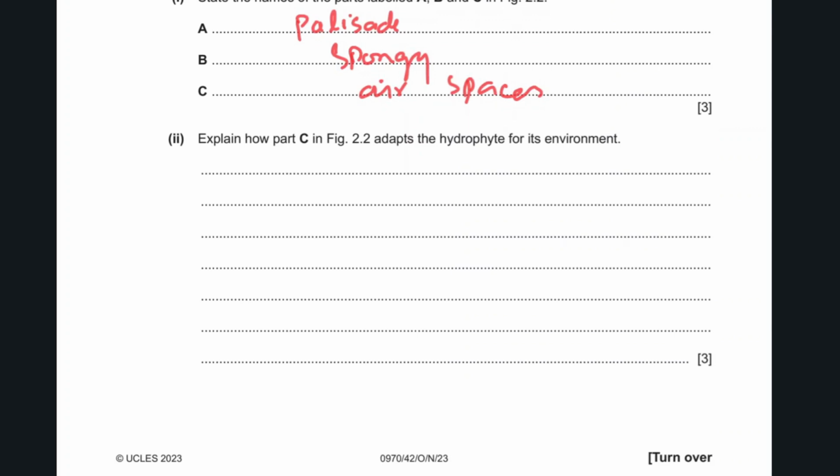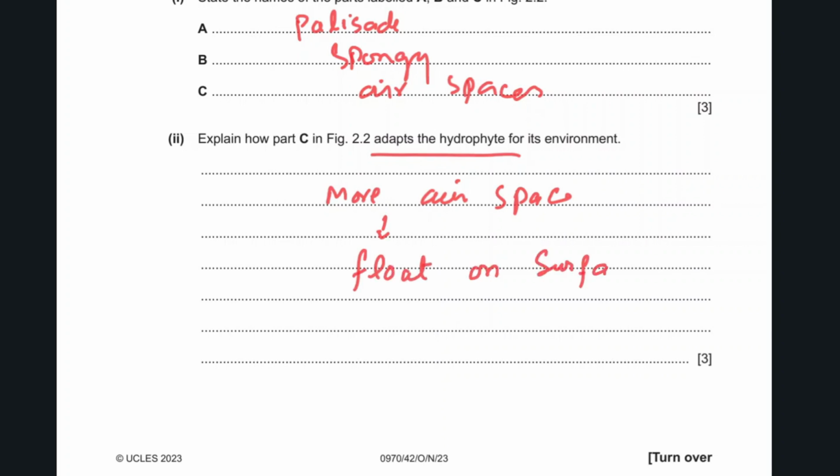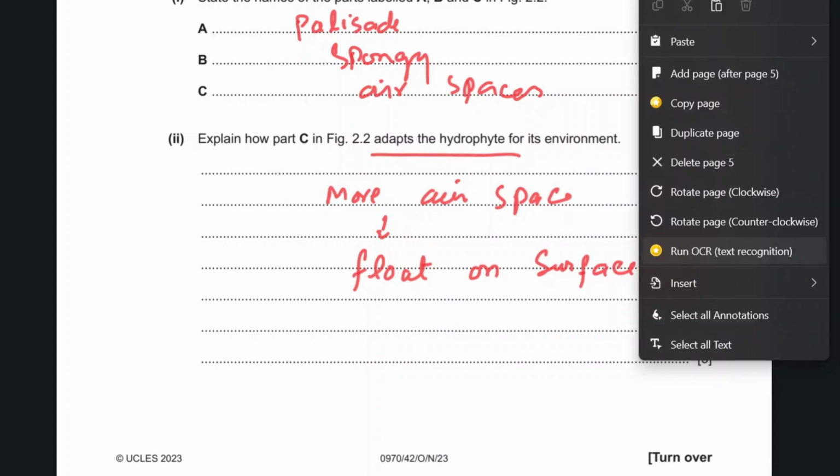If there are more air spaces, how does it adapt? It can float easily on the surface of water. Due to the air spaces, it provides buoyancy, so it floats easily on the surface of water.